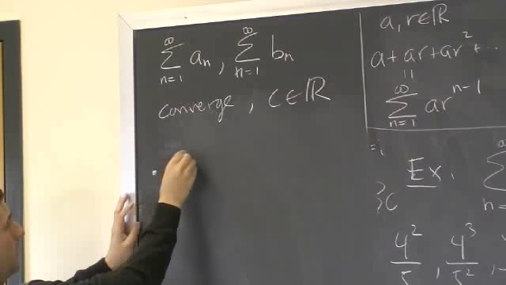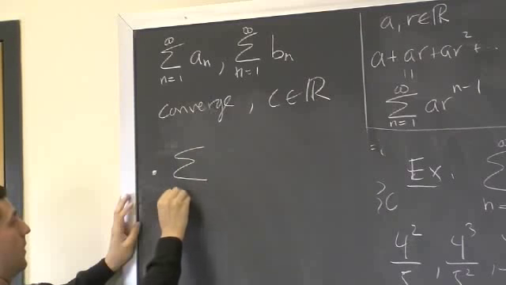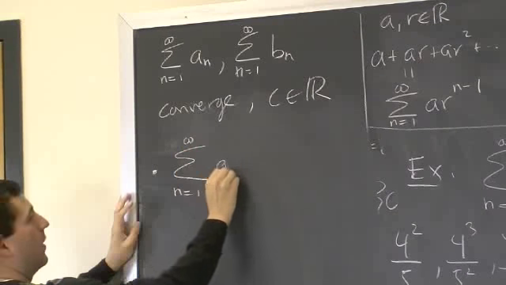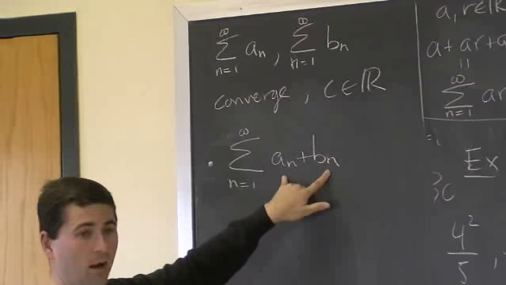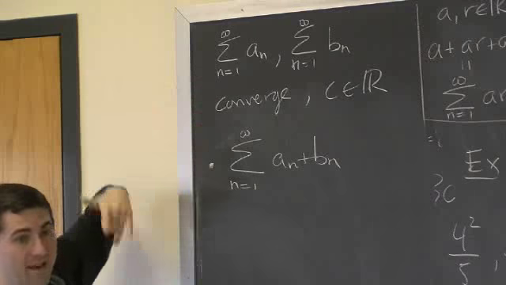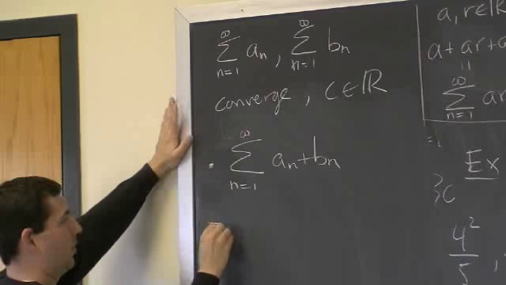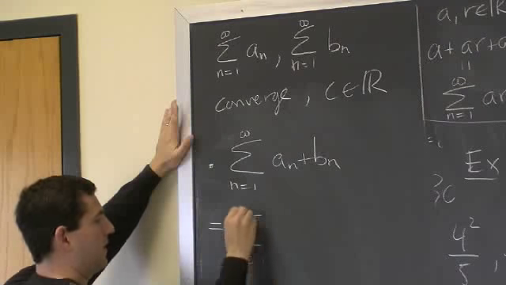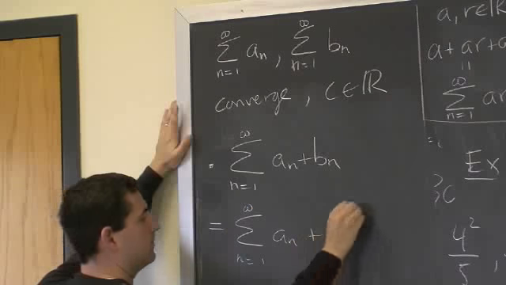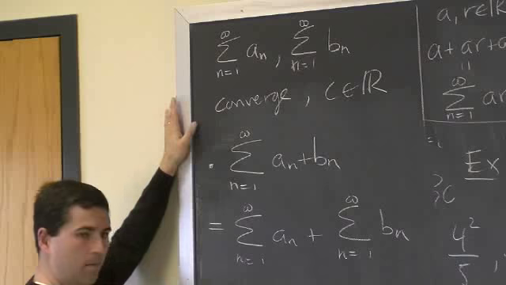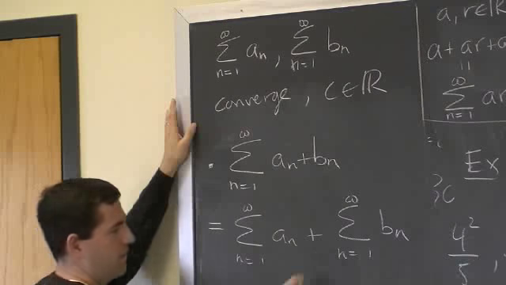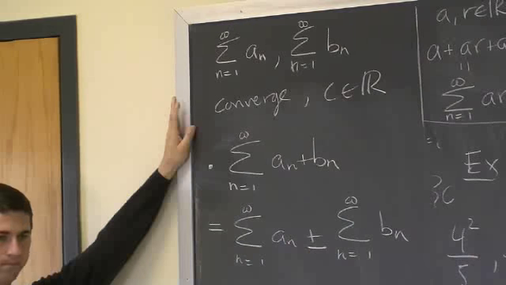So the first one I'm going to write down is this. If I add the two underlying sequences together, and then look at that series, it's going to give me the same thing as if I did them separately and added them up. And there's nothing special about plus here. Minus will work as well.